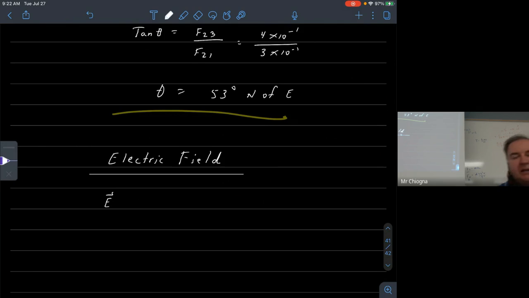That's a symbol for electric field. And it has units of newtons per coulomb. And I'll tell you what it is in a minute here, how we get it. Newtons per coulomb. It is a vector indicated by this. It is a vector.